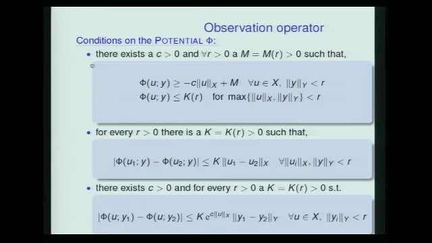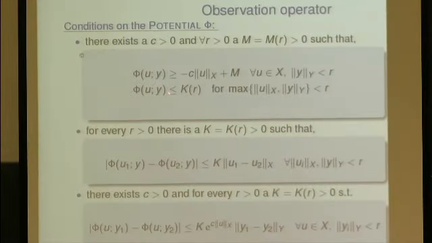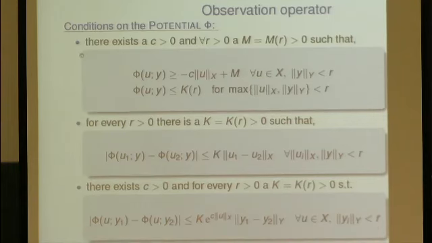So these are the conditions. The first box is just telling you that you want appropriate upper and lower bounds on phi. You want the Lipschitz continuity in u, and you want the Lipschitz continuity in y. Now you can see the effect of the theorem that I just showed you, the Fernique-like theorem for the Besov measures, here. You want these coefficients to be integrable.